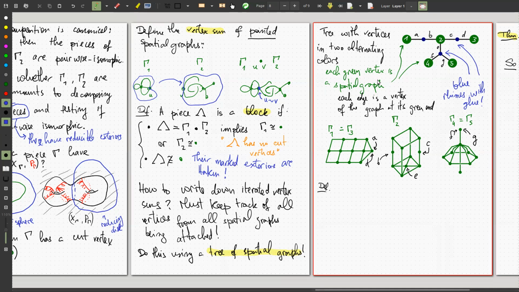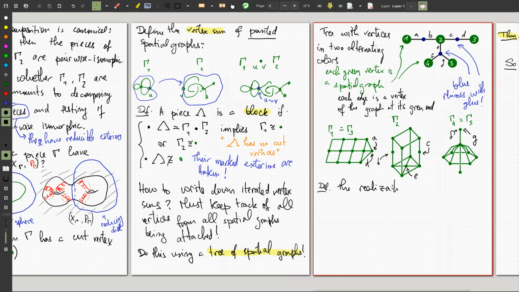And when you do this to all the graphs, you obtain what we call the realization of a tree of spatial graphs.